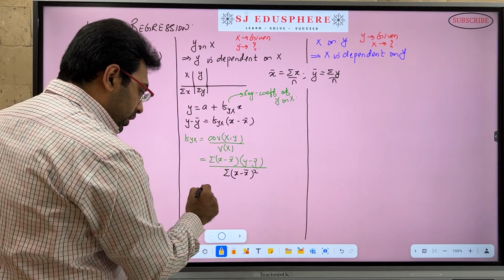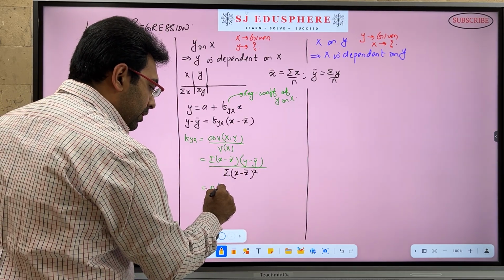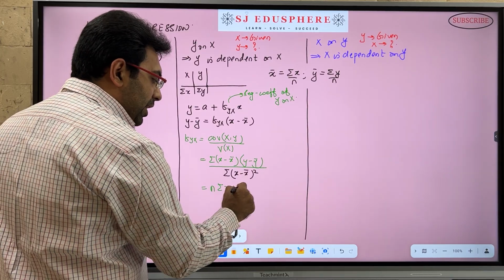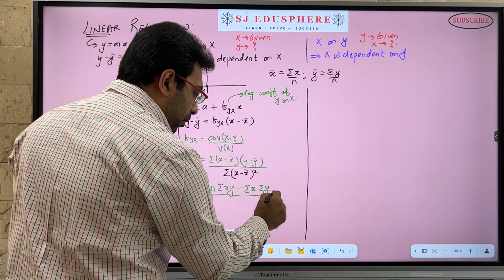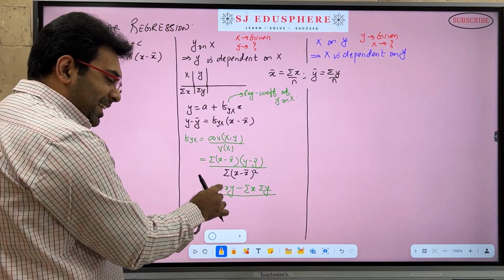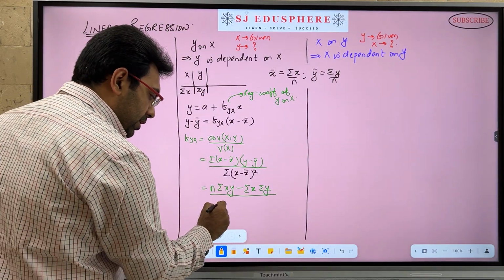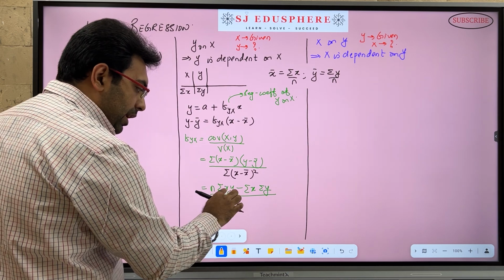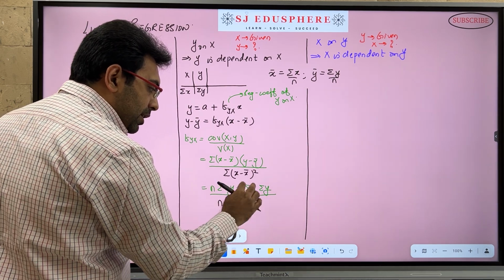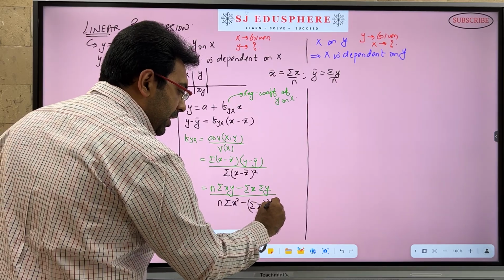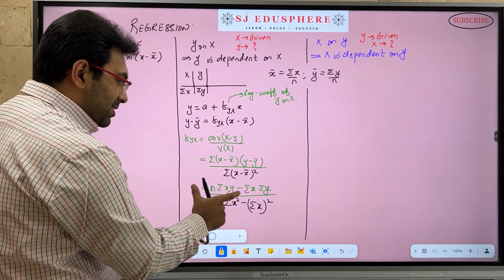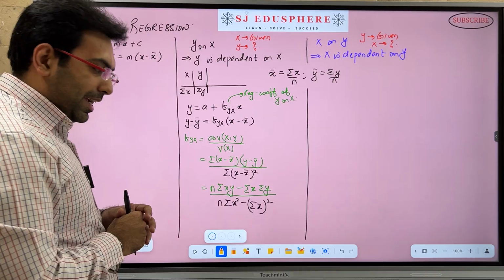Or if you use the second formula, n times summation xy minus summation x summation y upon, read all the y's as x. So n x into x, summation x into summation x, that is summation x the whole square. This is your formula for b y x.